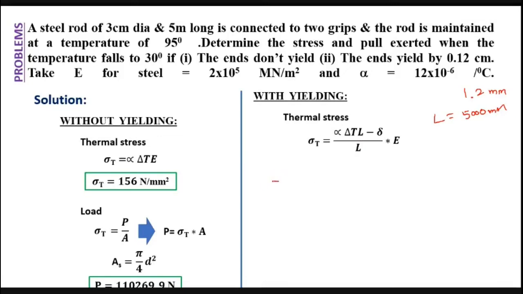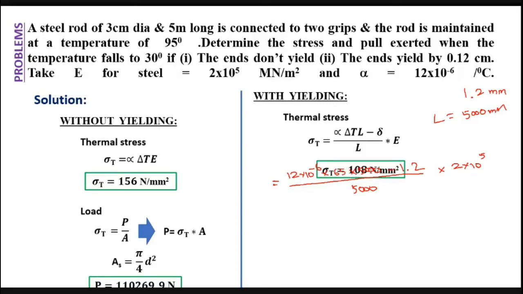So what you will get is around 12 into 10 power minus 6 into 65 into 5000 minus 1.2, whole divided by 5000, into your Young's modulus, which is 2 into 10 power 5. When you do this, you'll get your answer. It is around 108.